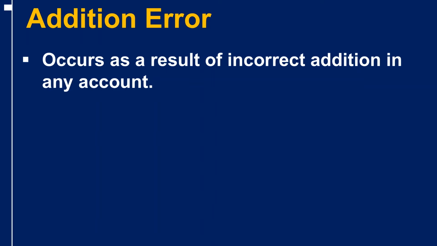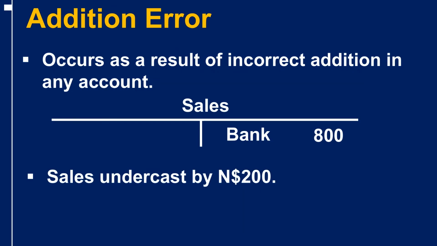The second error that we'll focus on is the addition error. This error occurs as a result of incorrect addition in any account. The account may either be added up too high, which is overcast, or too low, which is undercast. For example, the sales account was undercast by 200 Namibian dollars, meaning the sales account was entered less.